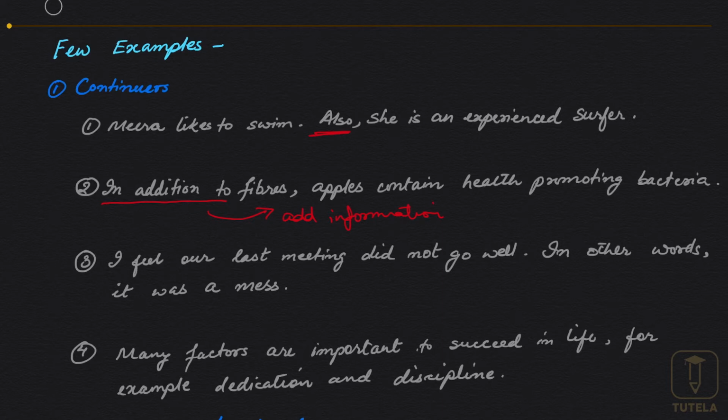Number 3, I feel our last meeting did not go well. In other words, it was a mess. In other words is elaborating on a particular point. Number 4, many factors are important to succeed in life. For example, dedication and discipline. Again, this is placing forth an example which is linking to similar ideas.